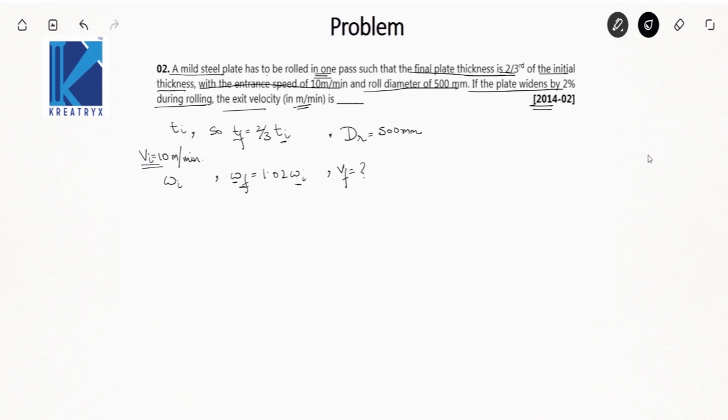Now applying conservation of mass, since no mass addition is taking place in this question, therefore rho times A initial times V initial is equal to rho times A final times V final. Now the density of the metal is not changing, so rho initial and rho final are the same.